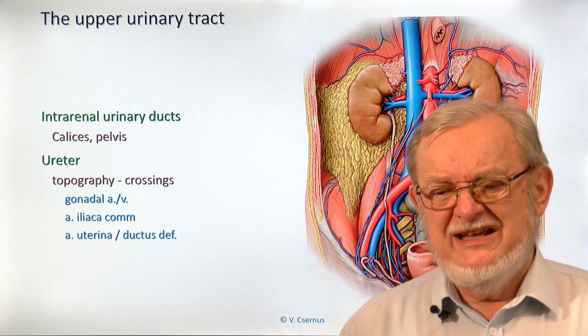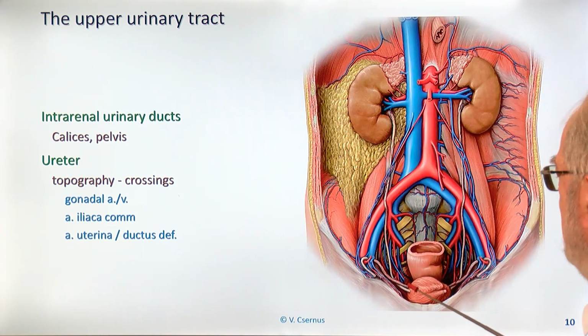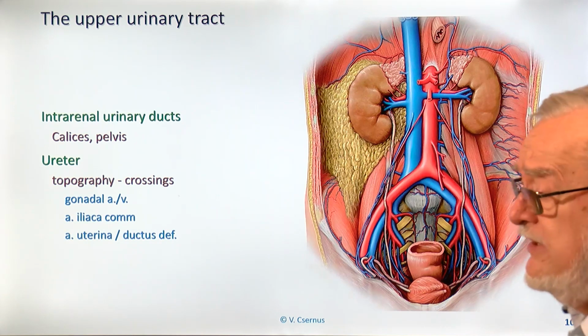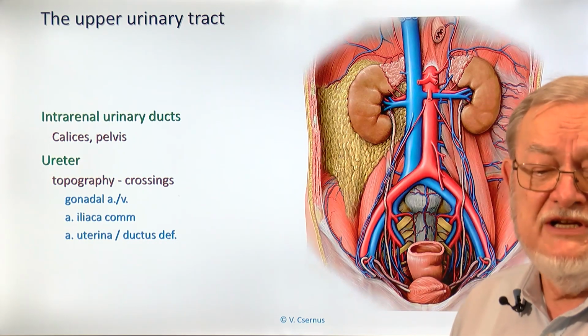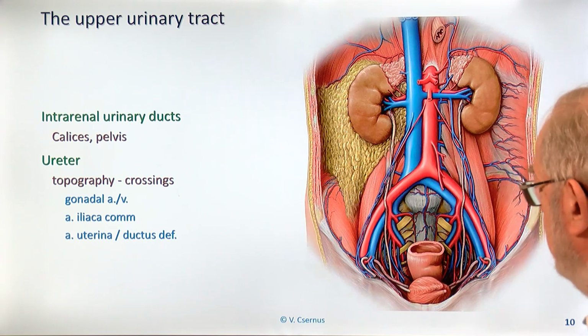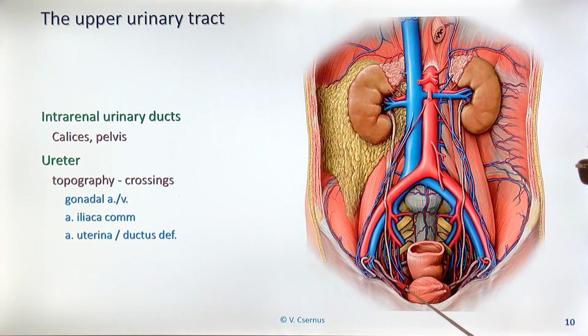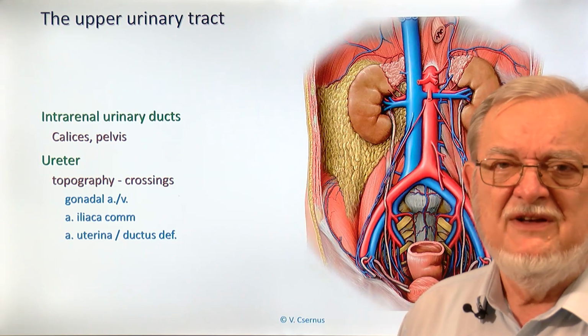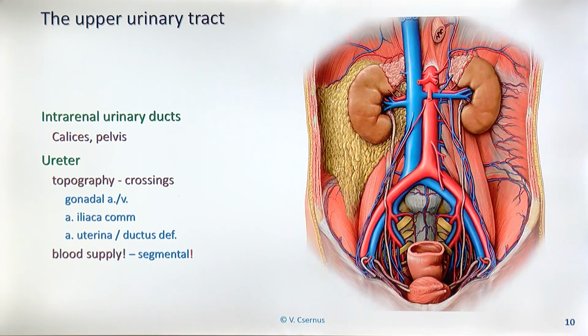It has a very small area and it's relatively easy to mix up the ligation of the ureter and the uterine artery. If you do such a surgery, you have to be very careful not to mix these two. Otherwise, you can kill the kidney. Unfortunately, it frequently happens.